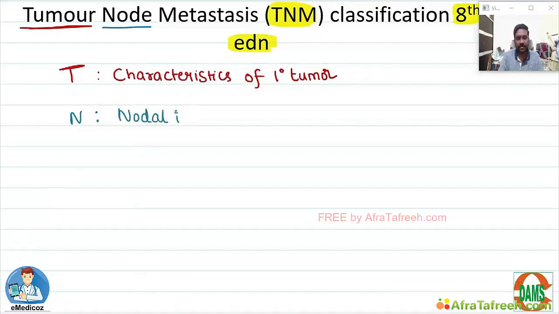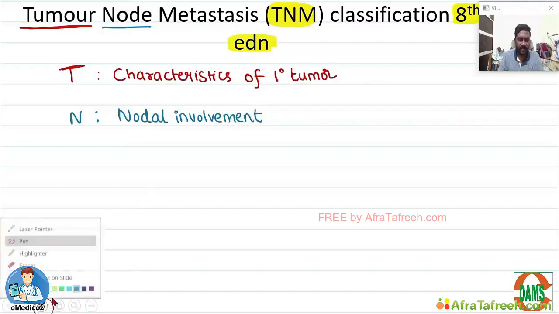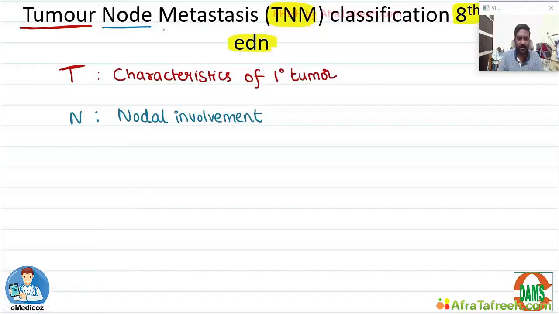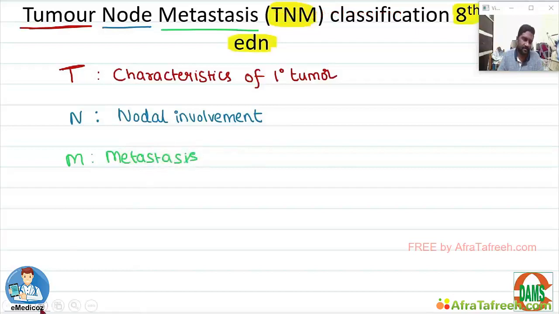Has the tumor involved any lymph nodes? Whereas M stands for presence of any metastasis.